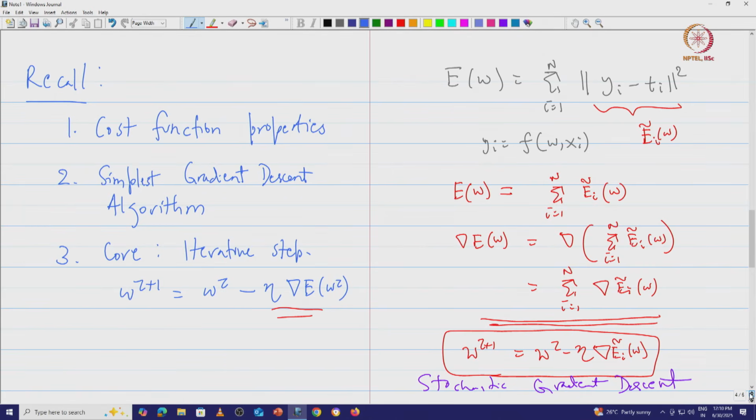We understood the properties of the cost function, took those properties to our advantage, and came up with the simplest form of the gradient descent algorithm, wherein we isolated the core of the algorithm, which is the iterative step, and we started looking at the iterative step in different ways to give us different kinds of advantages.